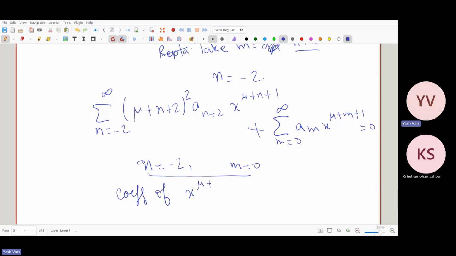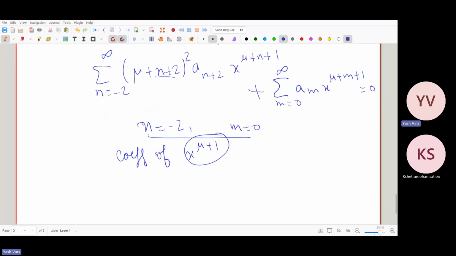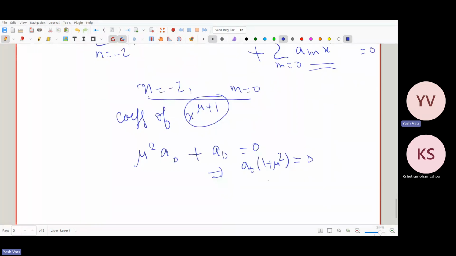If n is minus 2, then this thing is 0, so mu square a naught plus, and here you have a naught. So this implies a naught times 1 plus mu square is 0. This implies a naught is 0.